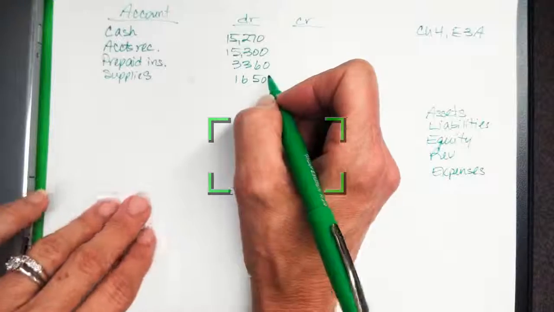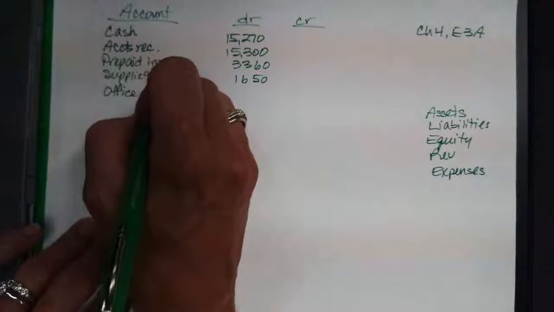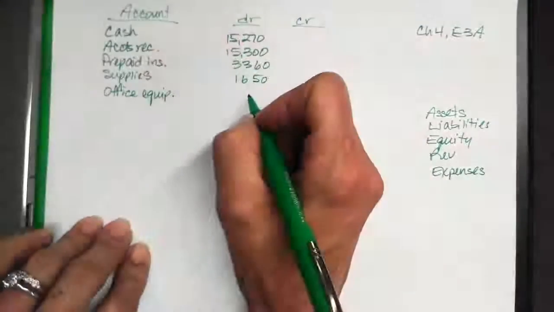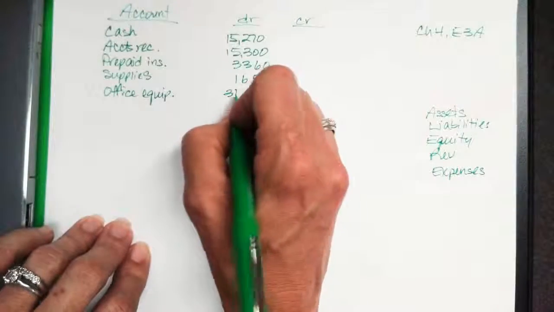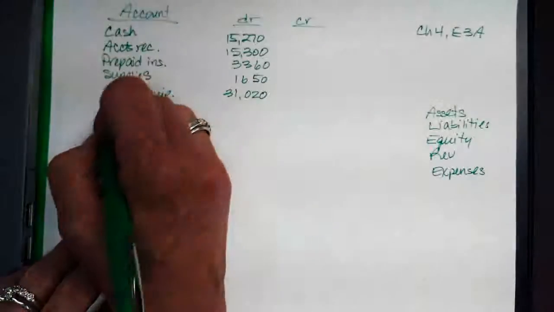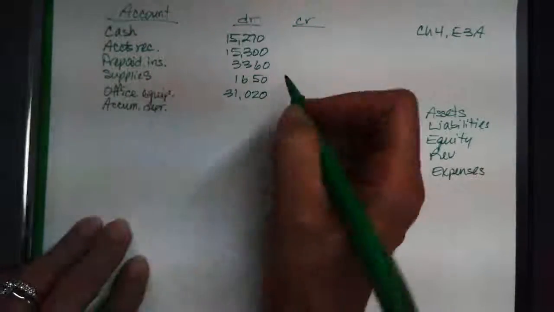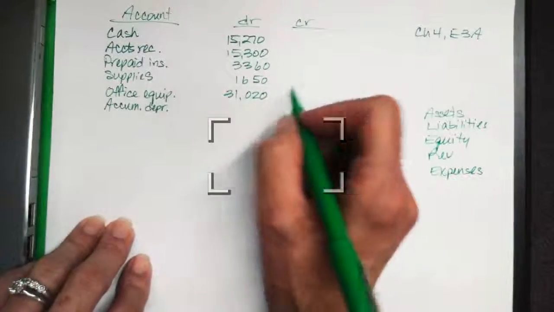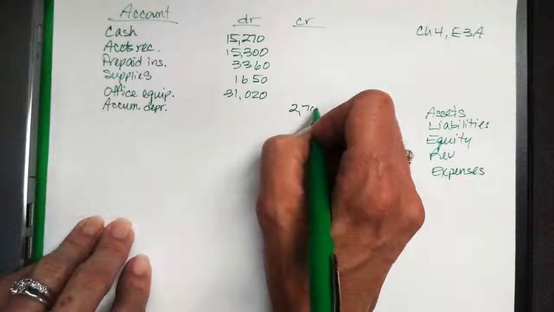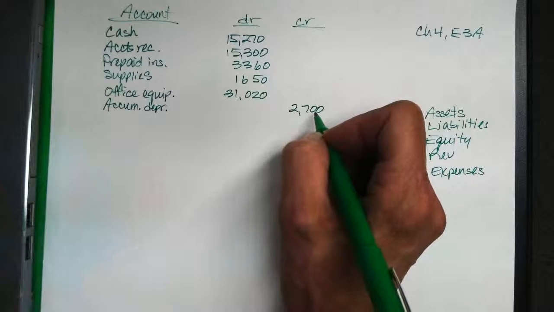I see office equipment. $31,020. I see accumulated depreciation on the office equipment, which is $2,700. It has a credit balance, but it stays up with assets. Okay, let's take a scan through here and see if you see any other assets. I don't.